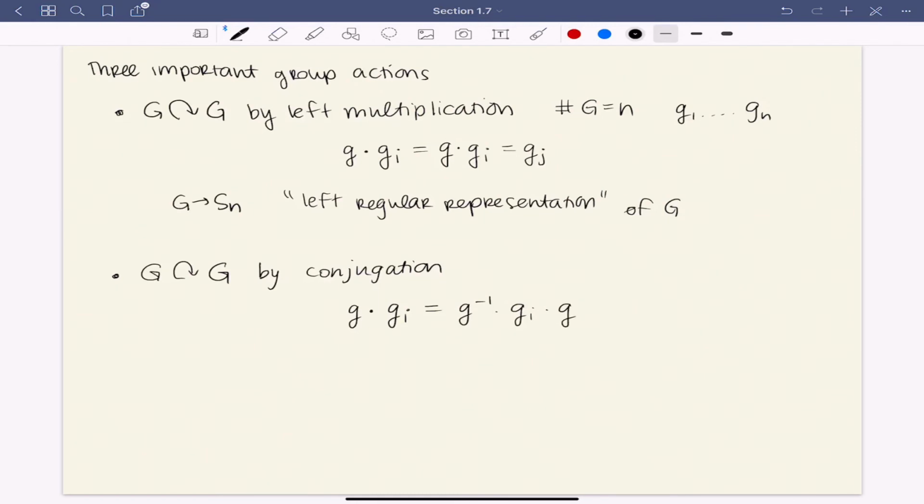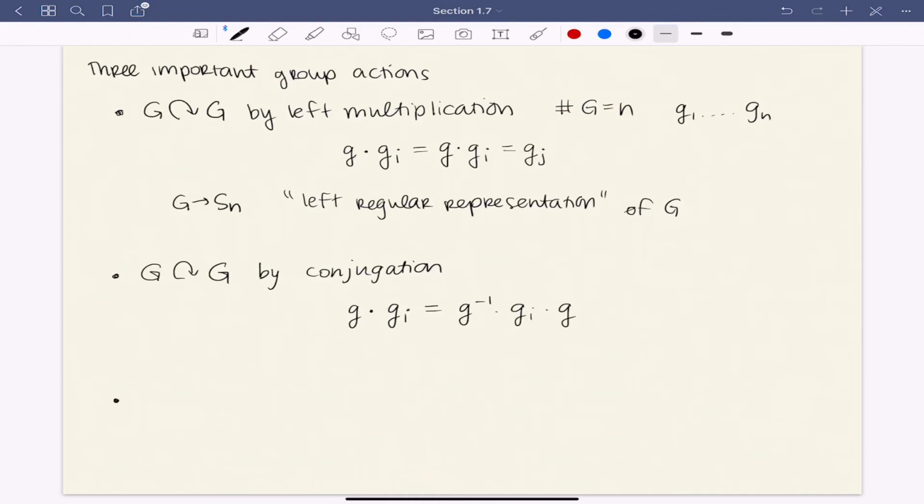So that's what we call conjugation. So it's multiplying by the inverse on one side and multiplying by the element itself on the other side. Some people write g, g_i, g inverse. It doesn't matter where you put the inverse, they're isomorphic actions. So that's another important action of G.